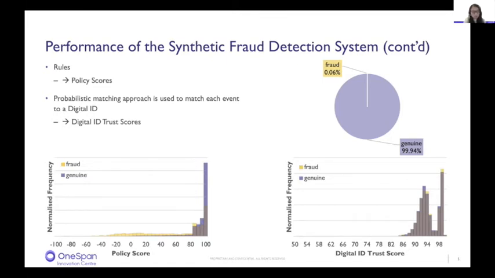However, if we take into account the very small number of fraudulent transactions, it is still very challenging to separate the fraudulent transactions and the genuine transactions without having a very high false acceptance rate.